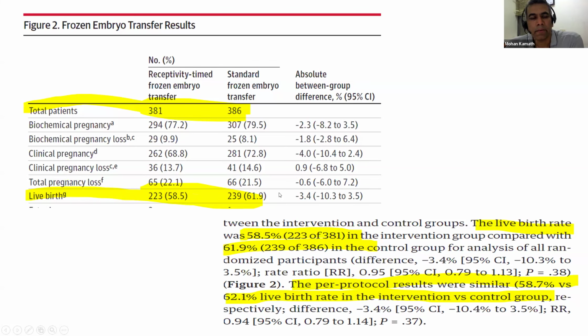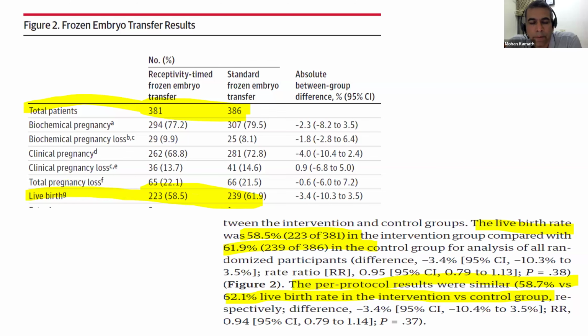So this is their intention to treat, the first results they have put in the paragraph. If you look at the results section, I've highlighted here, the live birth rate was 58 point whatever in the table. Now you can see one more line here, which I've highlighted. They go on to inform us about the per protocol results, which is similar. So that's a good thing.